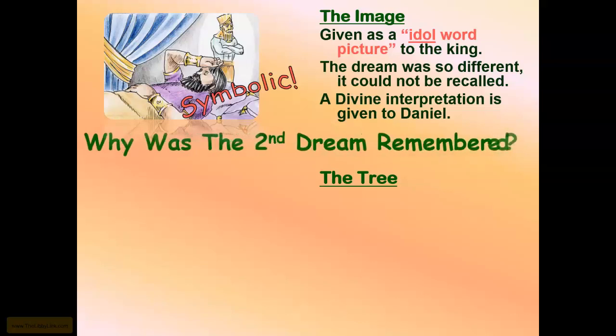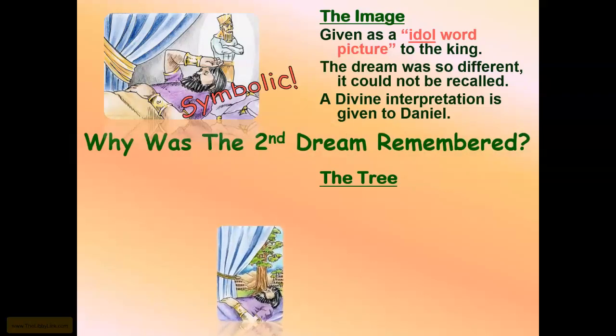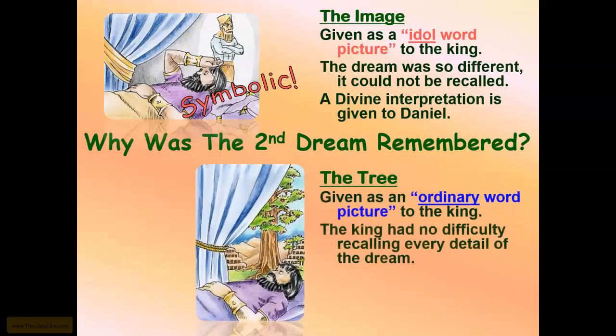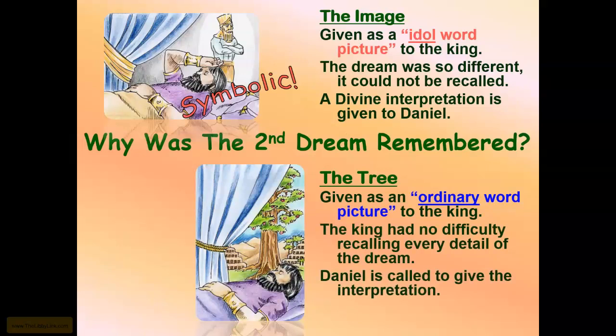But why was the king able to remember the second dream? Well, this vision was given in an ordinary word picture. He could recall every detail of the dream since everything related to something he already knew about. As before, Daniel took the Chaldeans' place of giving the interpretation.